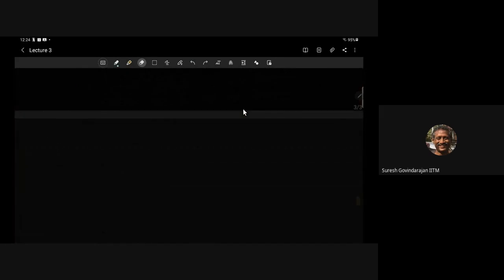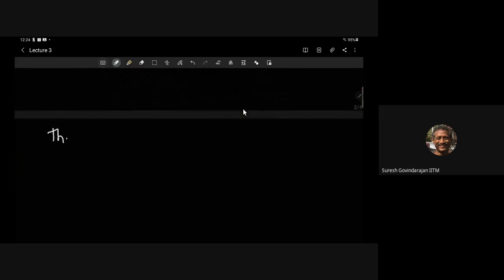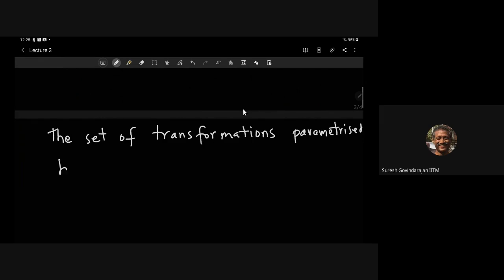So the set of transformations, with rotation, we'll call this parameter the Galilean boost parameter, and the other one is just a translation and time translation.